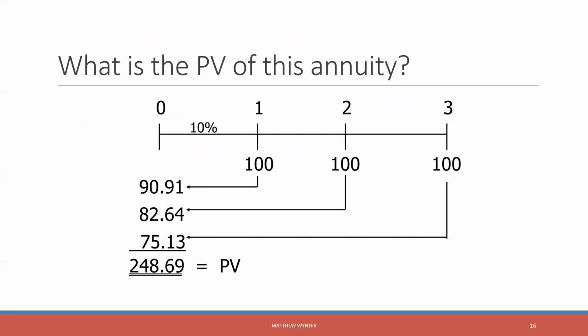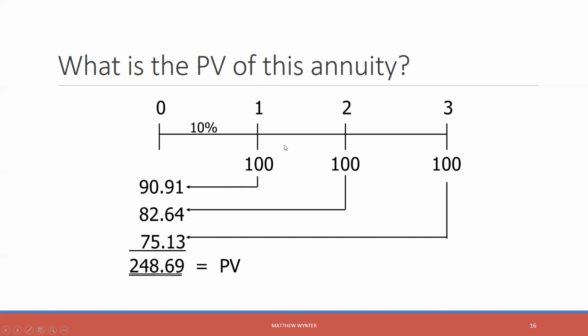So if we take our $100 and we discount it at 10%, we're going to get $100 every year for 3 years starting next year. It's so important to emphasize starting next year because it means we have to make sure to discount our first one. Okay, so we do that. What do we find?